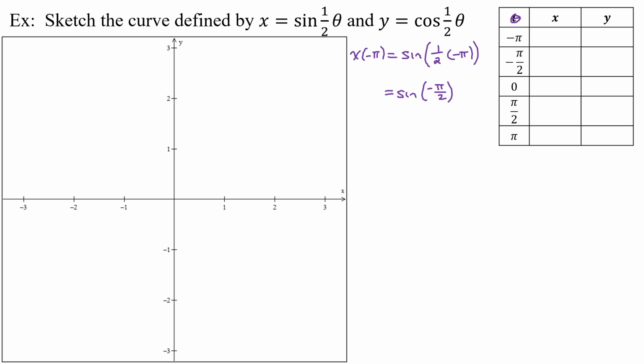Sine of pi over 2 is 1, so sine of negative pi over 2 is negative 1. If I was to plug in negative pi over 2, I would end up with sine of negative pi over 2 times 1/2, which would be negative pi over 4. And that would be negative root 2 over 2.